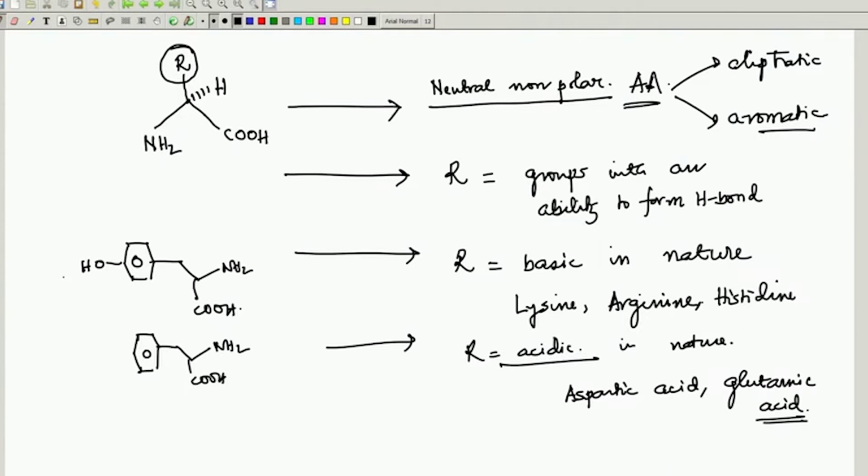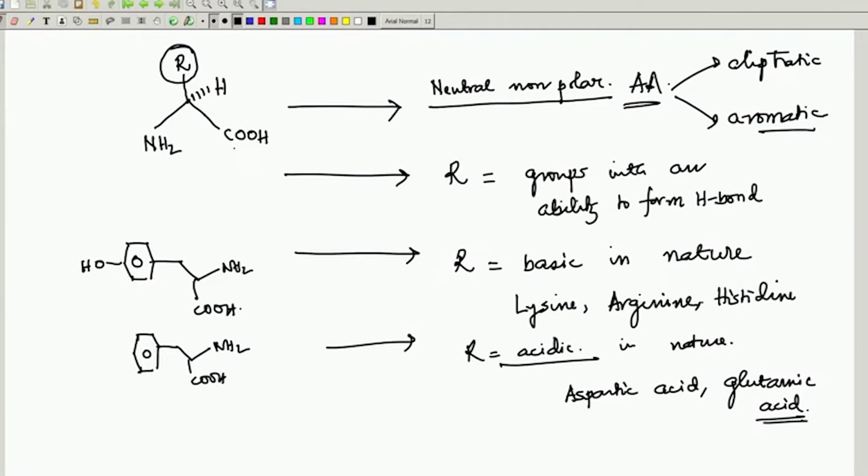Okay. Now, let me talk about this first, this NH2 and CO2H. We know that this is an acid group and this is a basic group.